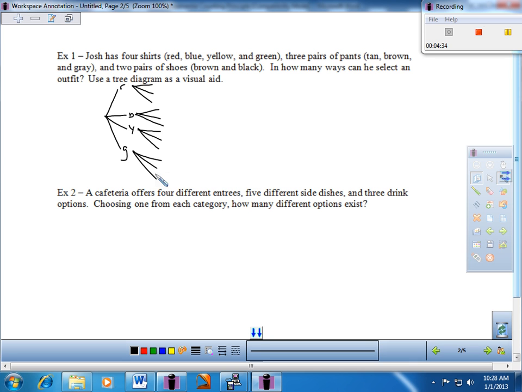As you can see, at the top, you can pick a red shirt and then go tan, brown, or gray. Or maybe the blue shirt came out, and if you went blue shirt, then again, tan, brown, and gray, et cetera, just working down the line. And as you can see, really 3 possibilities on these 3 branches.